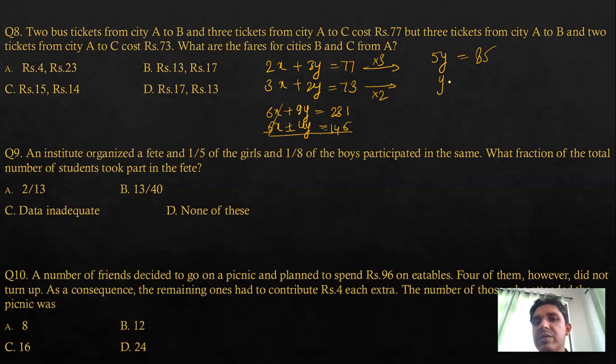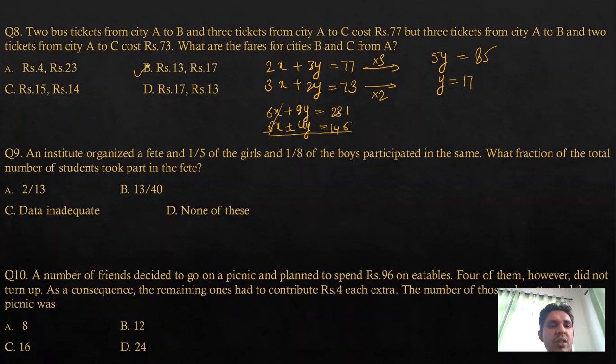And if we calculate the value of y, this will be 17. So in the available options, we can see that the value of y is 17 only in option B. So the answer will be B, 13 and 17, right? Okay, coming to the next question.